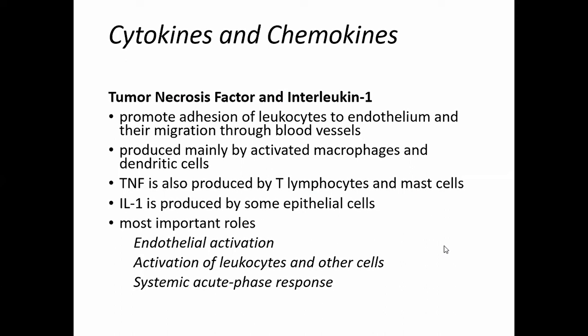The secretion of TNF and interleukin-1 is stimulated by the presence of microbial products, dead cells and immune complexes, also the presence of foreign bodies and physical injury. The production of TNF is induced by signals through the toll-like receptors and other microbial sensors, and the synthesis of interleukin-1 is stimulated by the same signals, but the generation of the active form is dependent on the inflammasome.